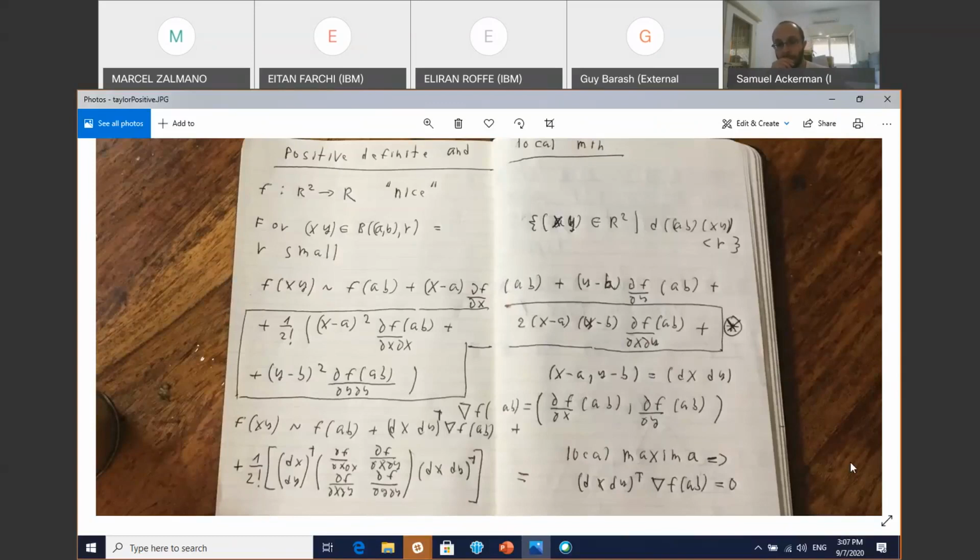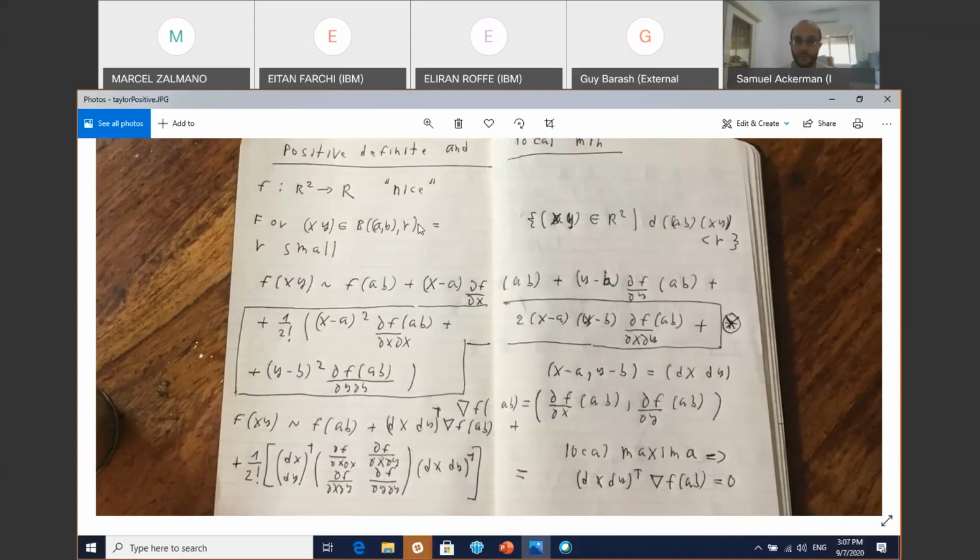So let's take a nice function from R2 to R. In general, it's RK to R. And by nice we mean that all the partial derivatives are continuous. Specifically, it would mean in our case that the partial derivative of f by x and then y is equal to the partial derivative of f by y and then x.